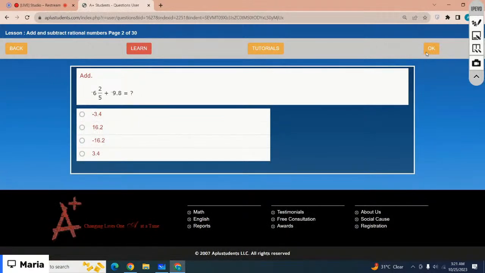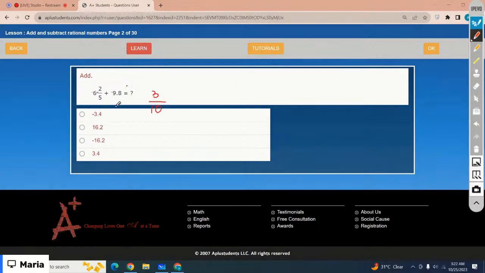Okay, negative 6 whole 2 over 5 plus negative 9.8. So both the numbers are negative. You have to add them, right? Because you need to add them, convert the fraction into a decimal value. So 2 over 5 is 0.4, right? So it would be negative 6.4 plus negative 9.8.